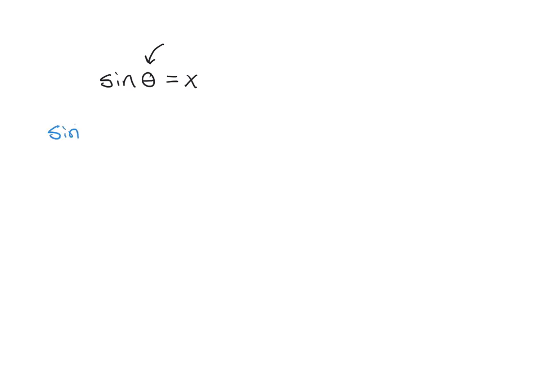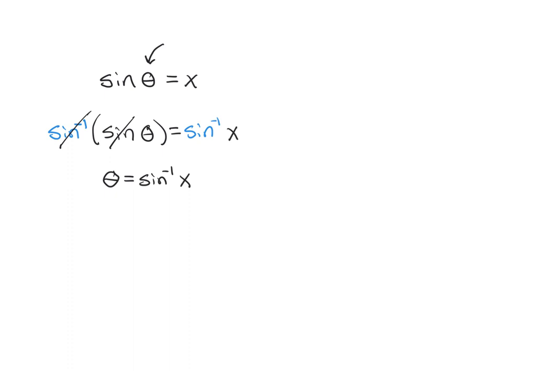So if we take the inverse sine, to the power of -1, of sine theta, whatever you do to one side, you must do to the other side. The inverse sine of sine, they cancel out, and that will isolate your angle. So the angle is inverse sine of whatever's on the other side.